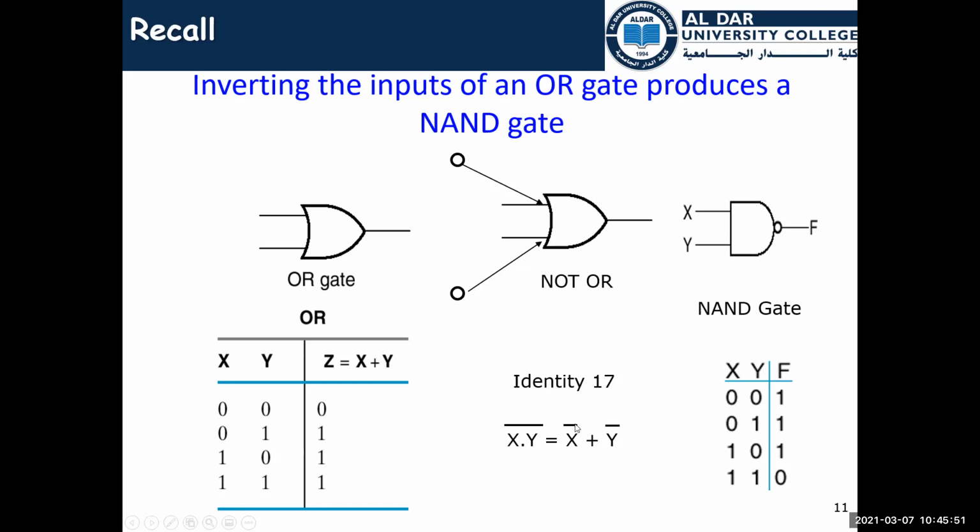Okay, sorry. This is the conversion of these two inputs. We still need some kind of inversion at the end. This is x dash or y dash. If they are complemented, we will have the AND logic.